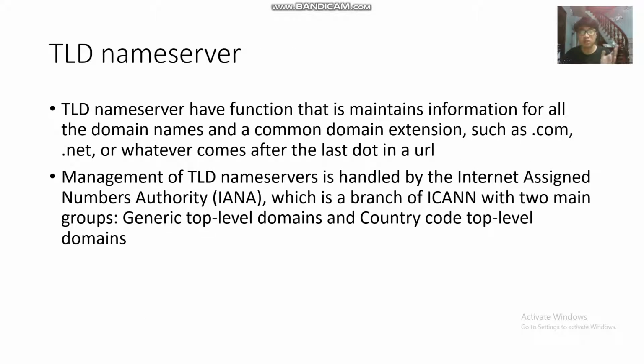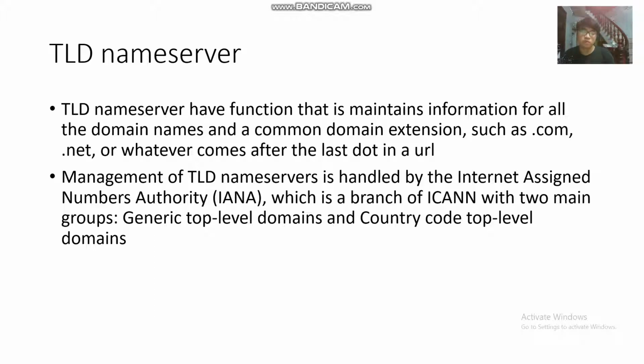Next, the TLD name server. The TLD name server has the function of maintaining information for its own domain and common domain extensions, such as .com, .org, and .net, or whatever comes after the last dot in the URL.